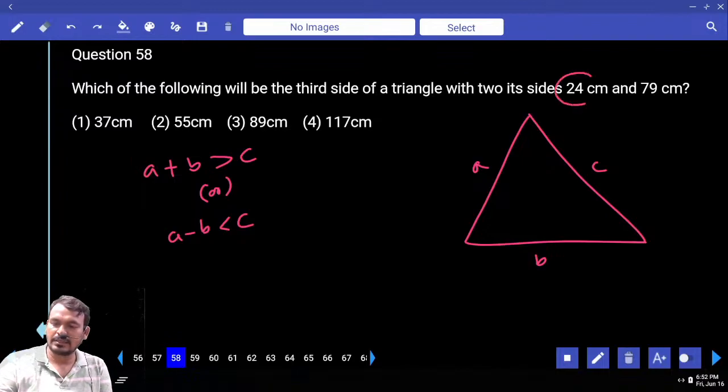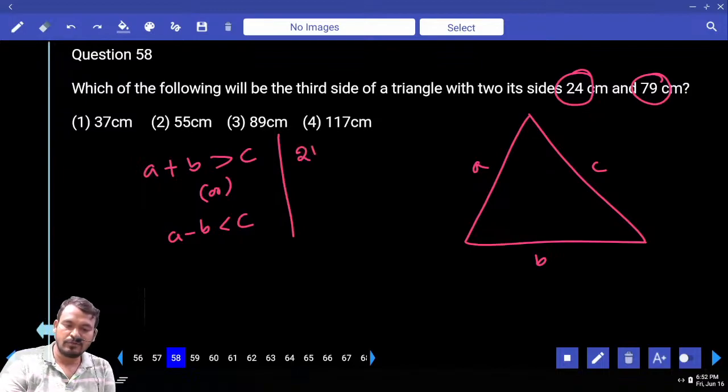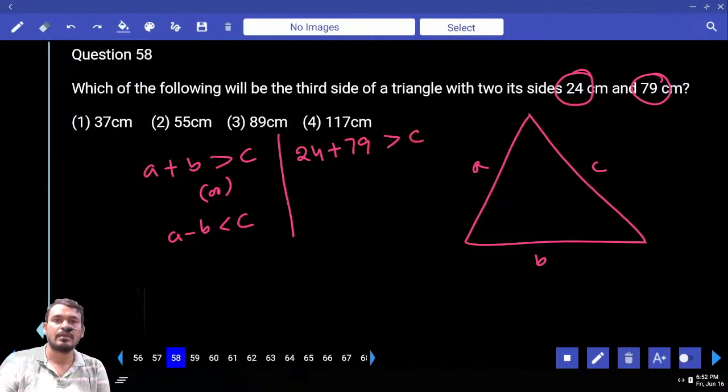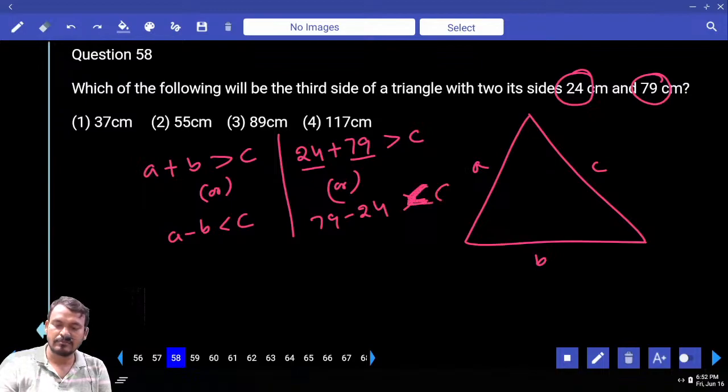And here what are the sides given? 24 and 79. 24 plus 79 is greater than C value, and the difference of 79 and 24 is less than C value.